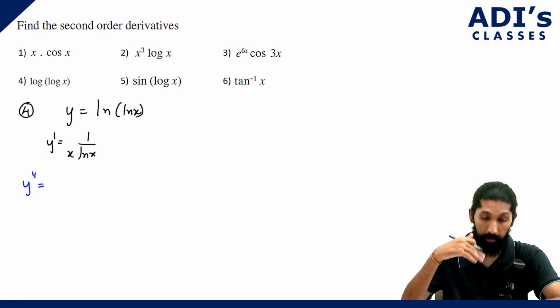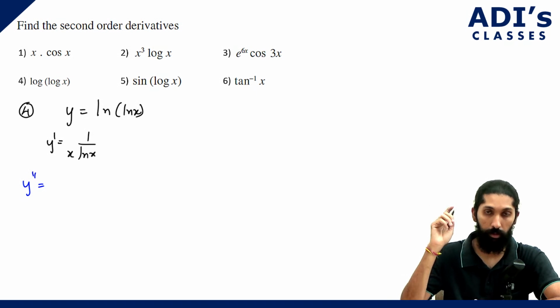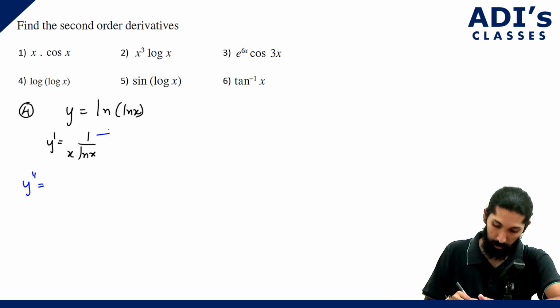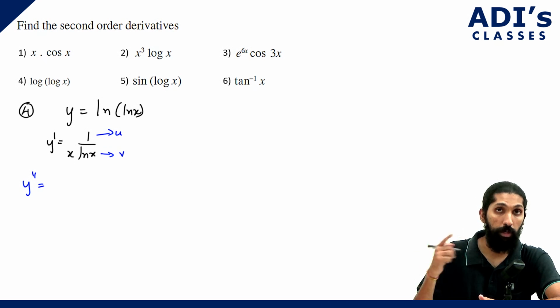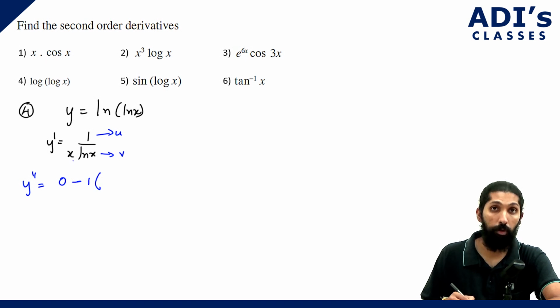Alright, since it's in the division part, I'm going to use the quotient rule. That means the first function is u, second function is v. So u dash into v. So u dash is 0. 0 into v is 0 minus 1 into the product rule.